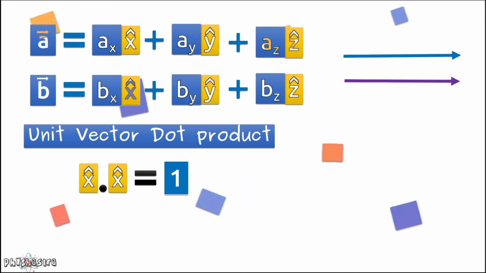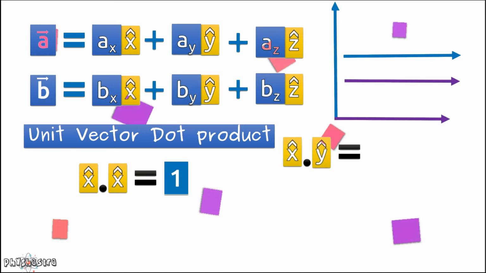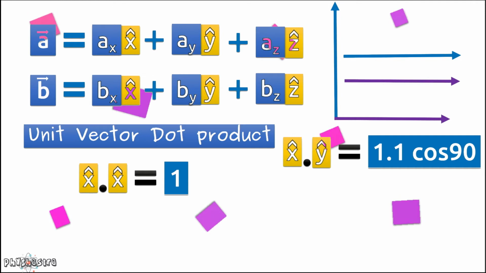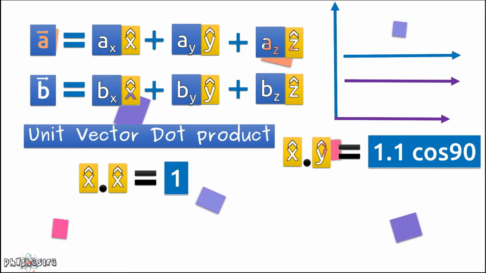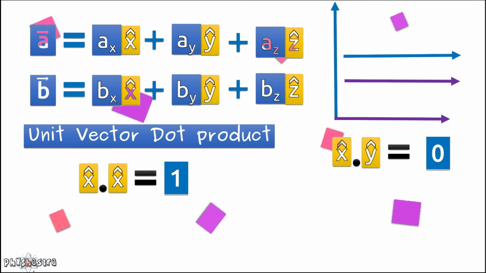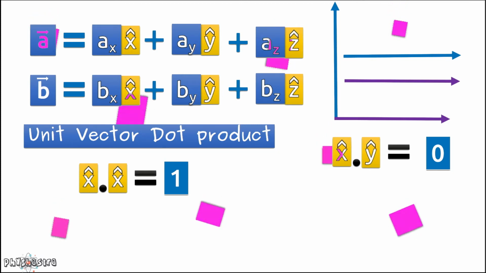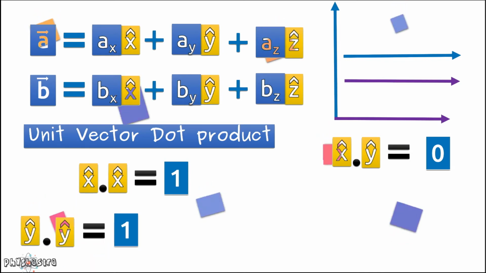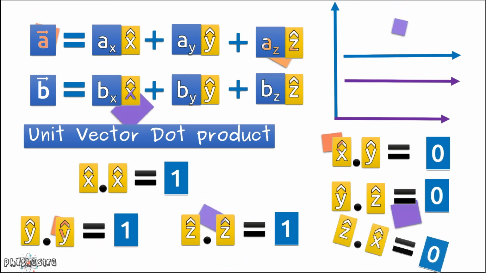Same goes for y cap. But x cap dot y cap will give 0, since the directions are now perpendicular to each other and cosine of 90 degrees is 0. So you should be careful what the angle between the two vectors is when you are multiplying. And these are the rules for unit vectors.